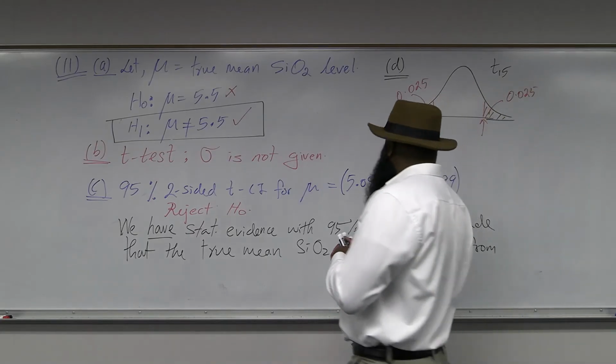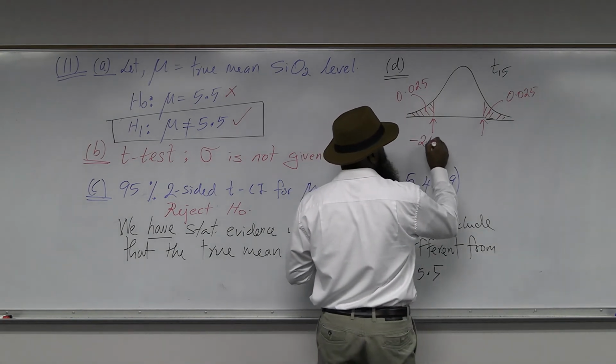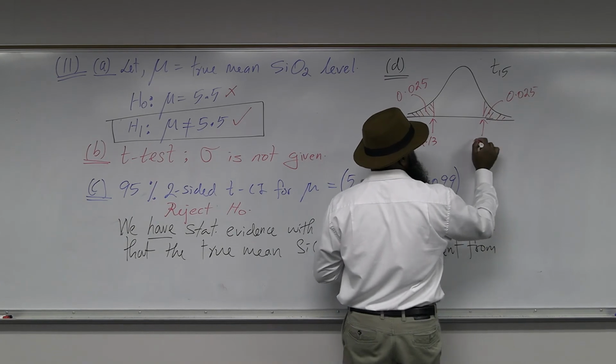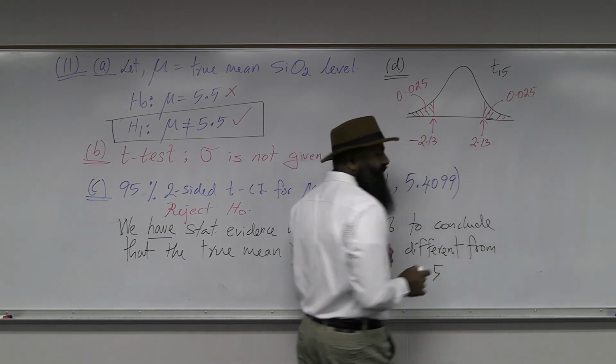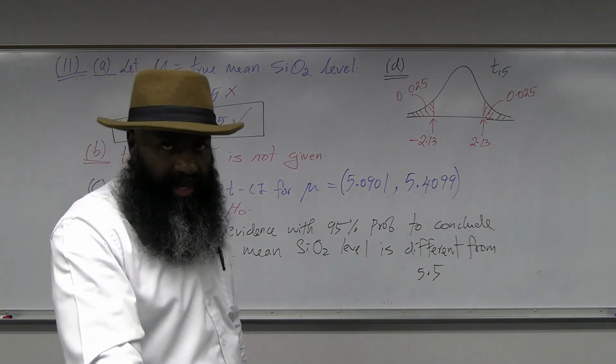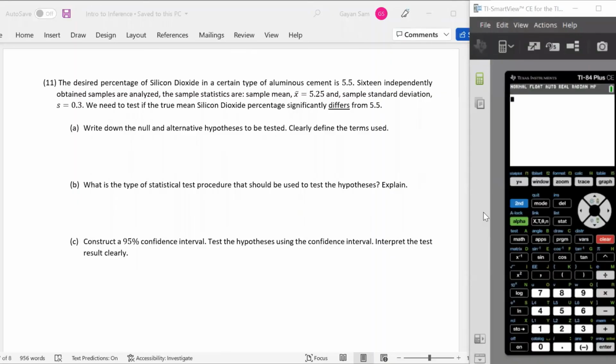So the critical value is negative 2.13 for the left tail, and therefore by symmetry, the right tail critical value should be positive 2.13. And now I need to calculate the test statistic. Let's go to the calculator again. To calculate the t-test statistic, I have to go to Stat, select Tests, select number 2 t-test, hit enter, and the input method is Statistics.